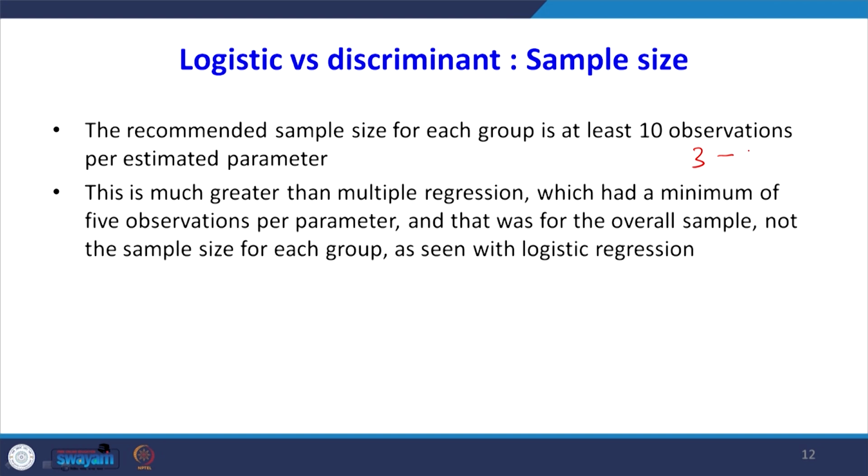This is much greater than multiple regression, which had a minimum of 5 observations per parameter. That was for the overall sample, not the sample size of each group as seen in logistic regression. So, the point here is, if it is multiple regression, for one variable you can have 5 respondents, where it is regression.